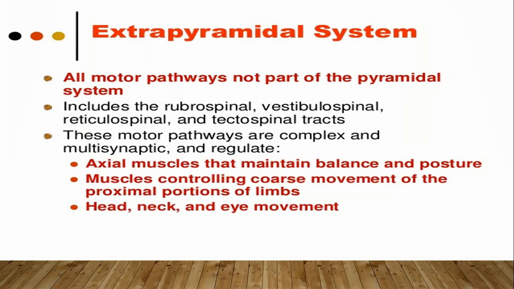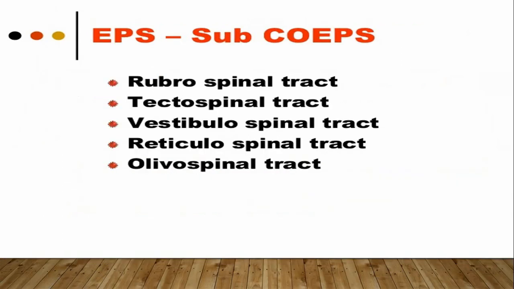Number 2, muscles controlling coarse movement of the proximal portion of the limb, and head, neck, and eye movement. This subdivides under the heading of 5: rubrospinal, tectospinal, vestibulospinal, reticulospinal, and olivospinal.